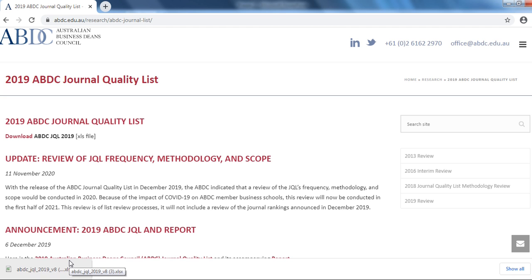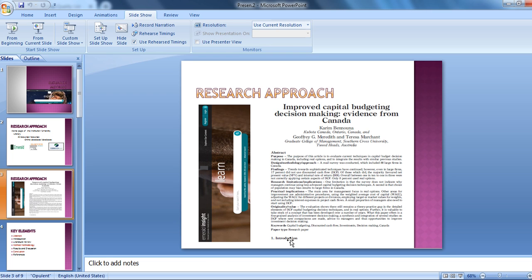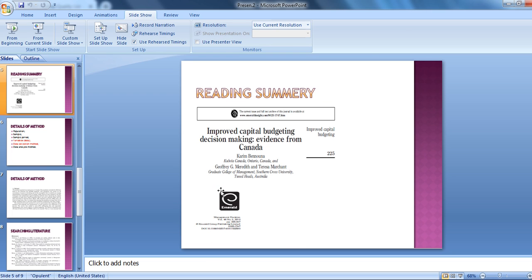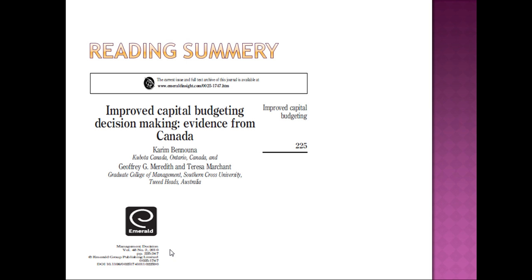Search the name of the journal given as an example. Yes, Management Decision.